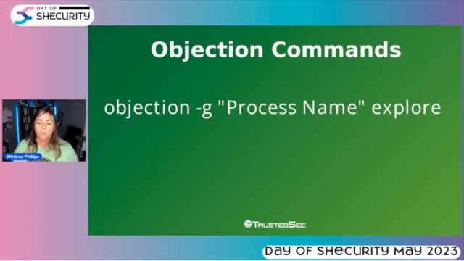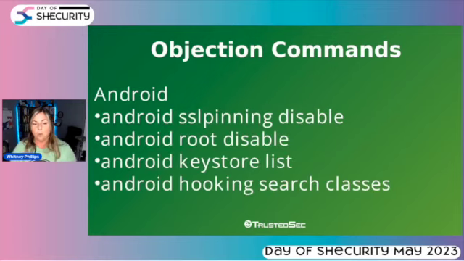So Objection commands. We'll go through these pretty quick because, again, this would be a whole other talk in itself. For Objection commands, the process name would be your app ID. You're going to explore.